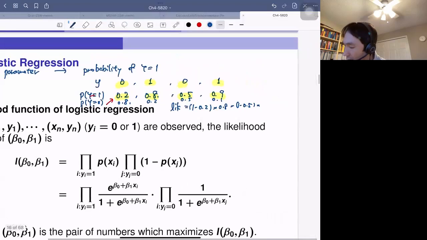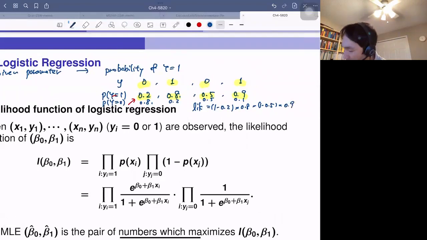And the fourth one is 0.9. So if we failed, we multiply by 1 minus the probability of 1, and if we succeeded, we multiply by the probability of 1. That is the likelihood function for this logistic regression.